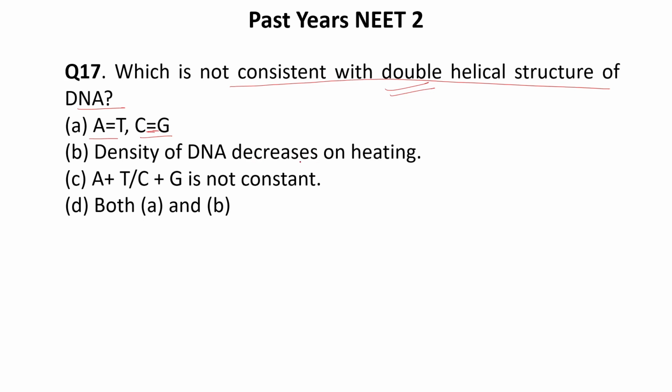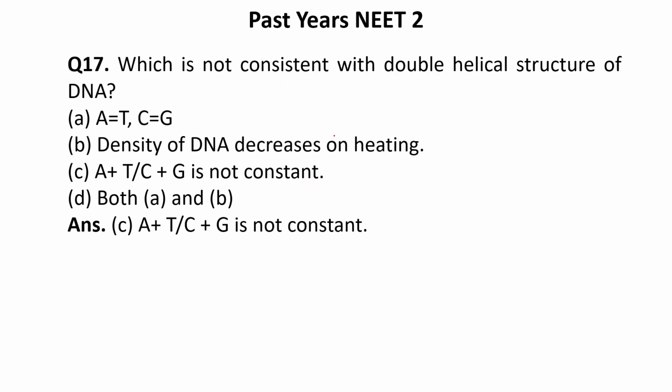Density of DNA decreases on heating. A plus T upon C plus G is not constant. Both A and B. So which is not consistent in the helical structure of DNA?